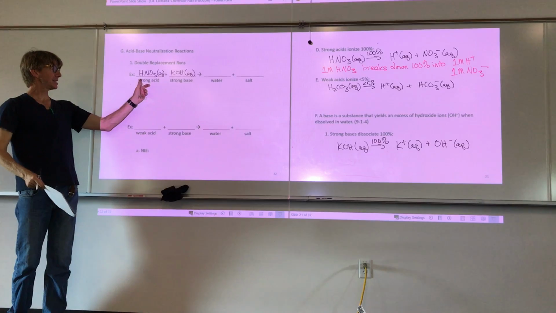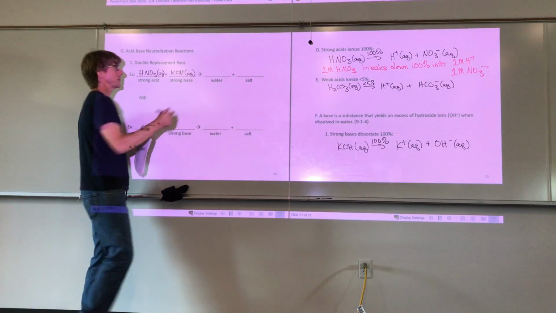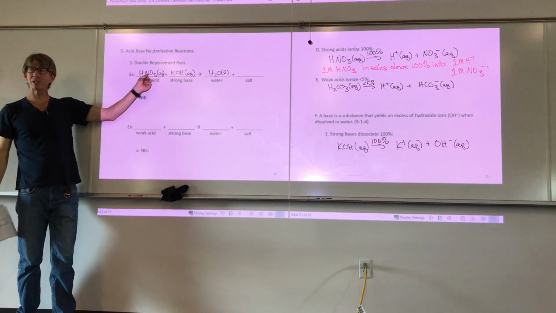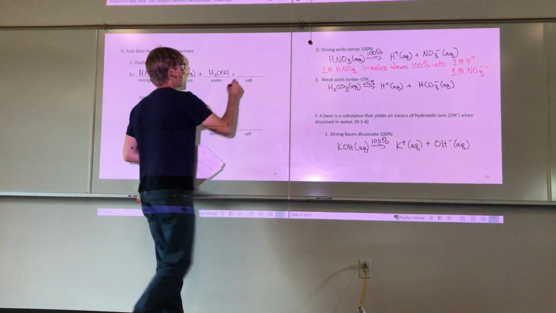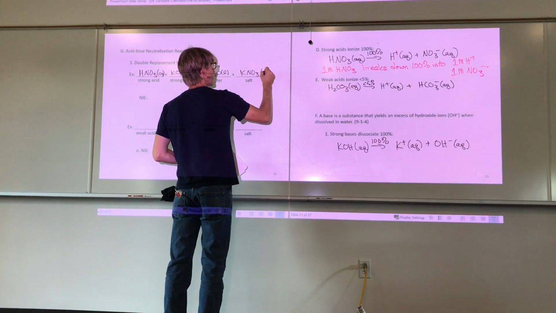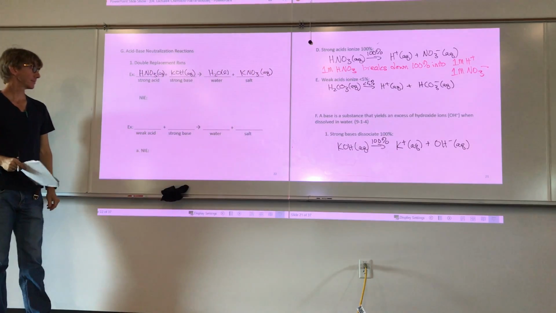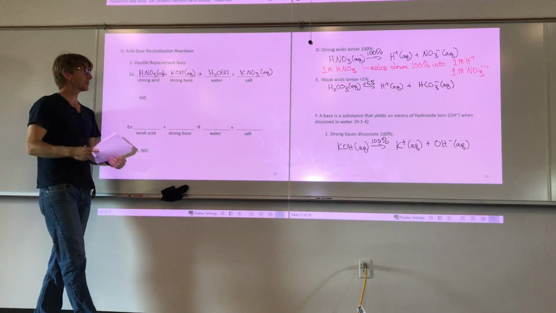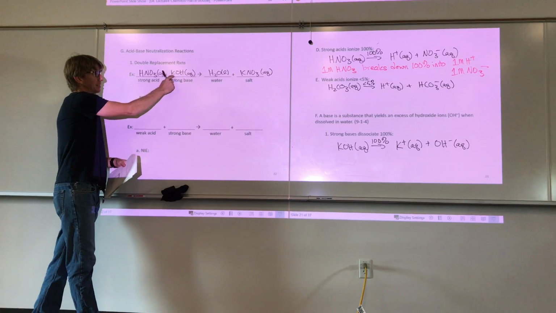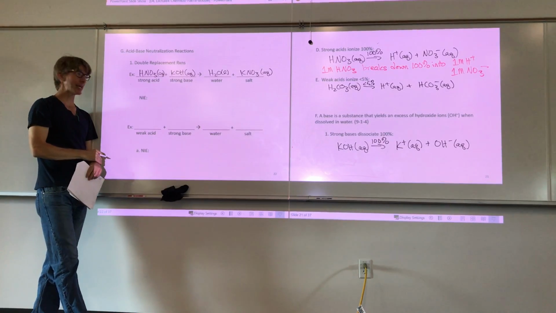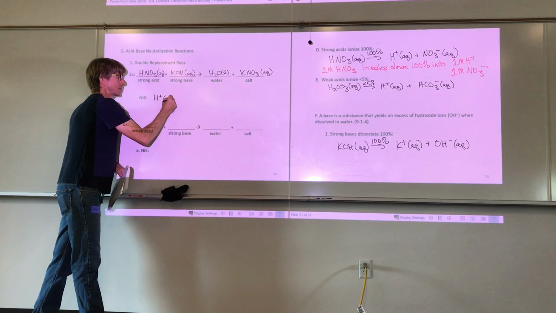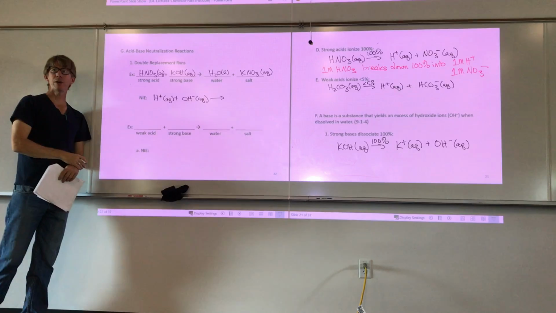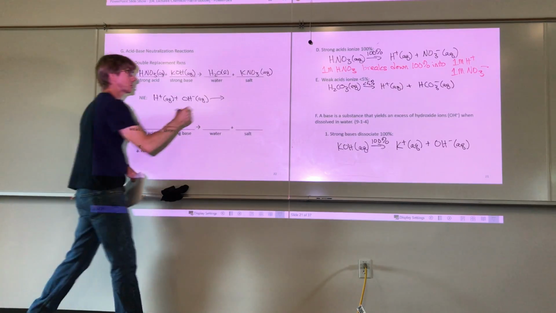Double replacement says take the H plus and the hydroxide to make water. Take the potassium and the nitrate to make potassium nitrate. No matter what the strong acid or strong base, the nitrate and the potassium in this case will be spectator ions. And you end up with hydrogen ion plus hydroxide ion mixed.